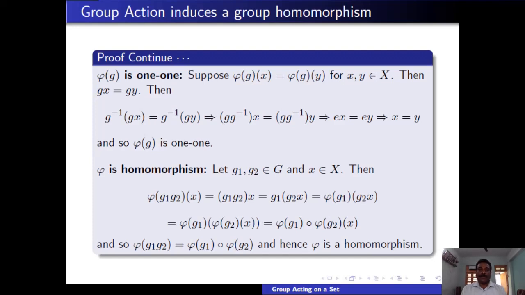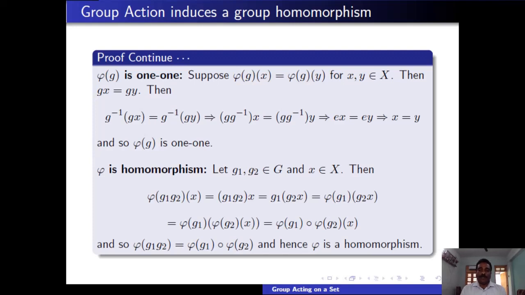But by the second property of the group action, this is the same as g1 of g2 x, which is equal to phi of g1 of g2 x, which is same as phi of g1 of phi of g2 of x, because g2 x is by definition phi of g2 of x, which is same as phi of g1 composite phi of g2 of x. This is true for any x belonging to X. Therefore, phi of g1 g2 is equal to phi of g1 composite phi of g2. Hence, phi is a homomorphism.